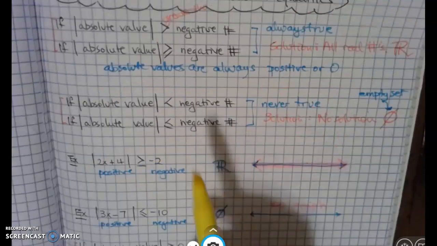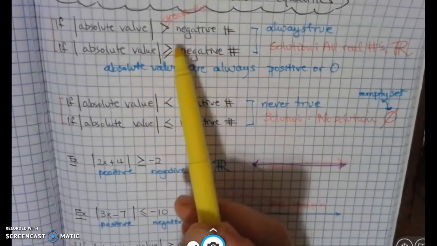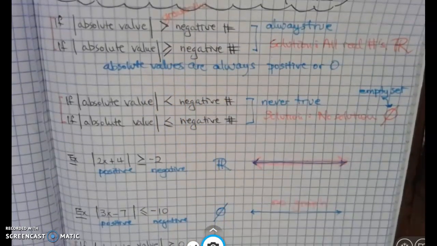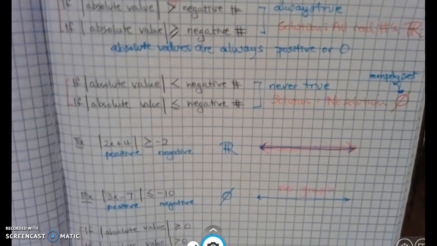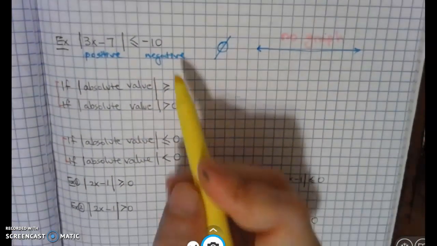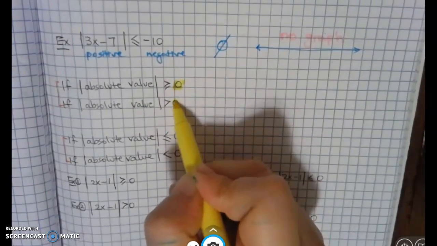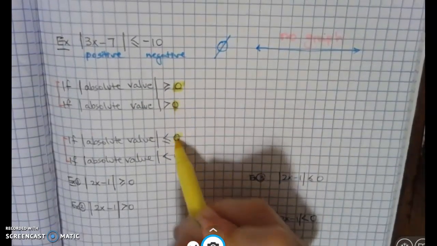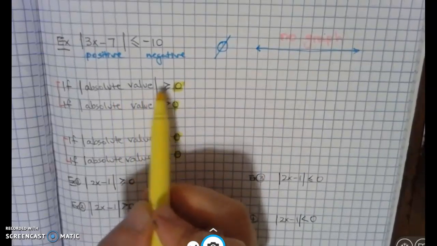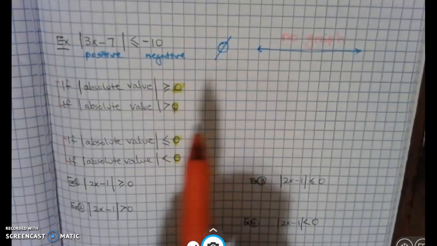Okay, so up to now we've considered special cases when it is greater than or equal to some negative number. Let's consider what happens if the absolute value expression is greater than or equal to 0. So instead of some number, we're talking specifically about 0.